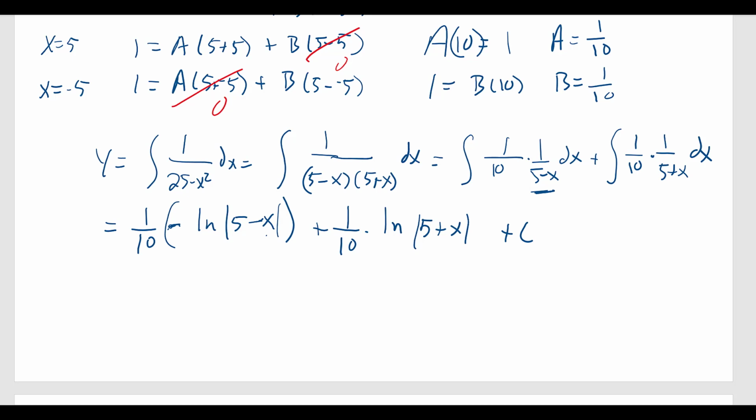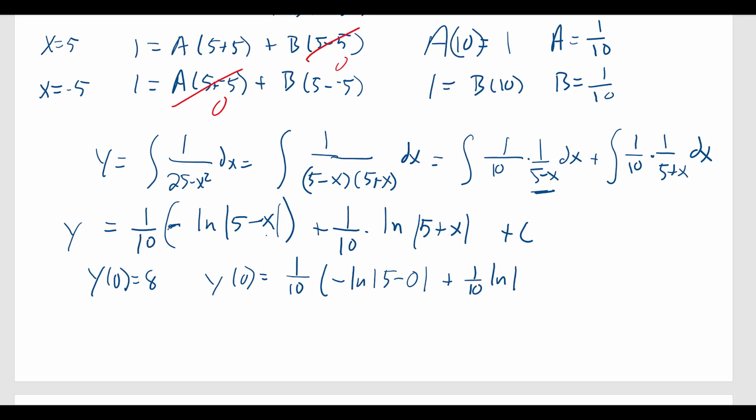Okay, this has been a lot of work to get to this point, right? And it tells us that we have the initial value problem, y of 0 equals 8. So that means y of 0 is going to be 1/10 times negative natural log of the absolute value of 5 minus 0 plus 1/10 natural log of the absolute value of 5 plus 0 plus c equals 8.